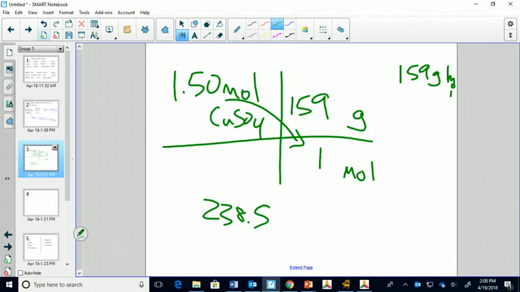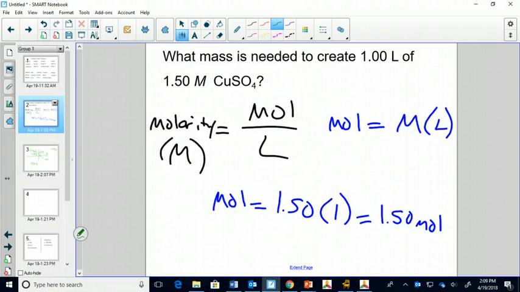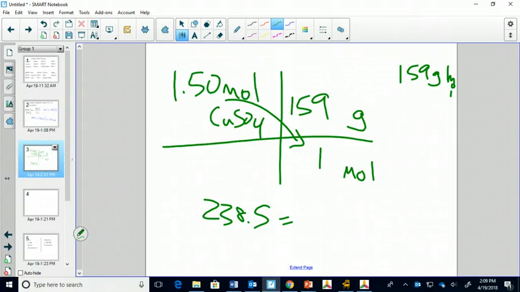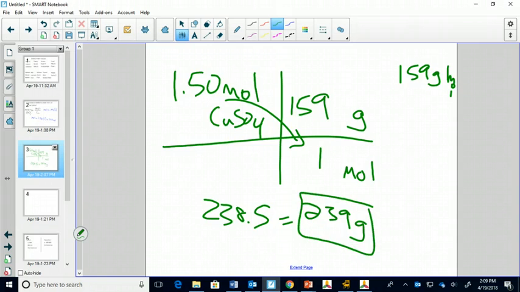238.5. How would I round this, based upon what I got here? I would do 3 significant figures, so I'd make this 239 grams. So if I wanted to make 1 liter of this 1.50 molar solution of copper sulfate, I would need 239 grams.